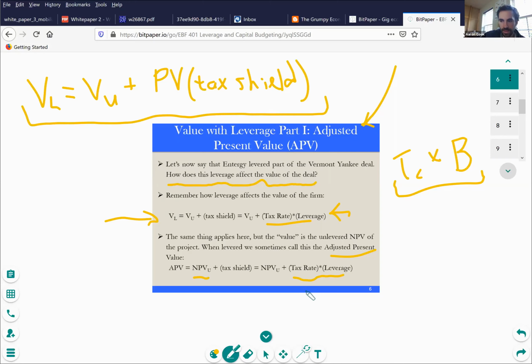That's the essential idea with this adjusted present value method. So that's the bottom equation here, the adjusted present value being the net present value of the unlevered firm plus the present value of the tax savings, which is tax rate times leverage amount.